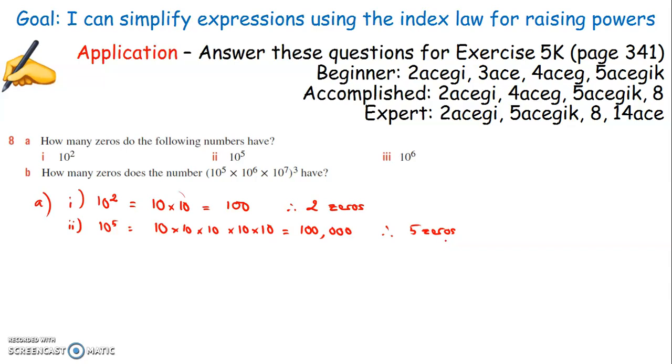Now I can see the pattern here, and I hope you do too. But let's go through the next one. 10 to the power of 6. Same thing as before, that means 10 multiplied by itself 6 times.